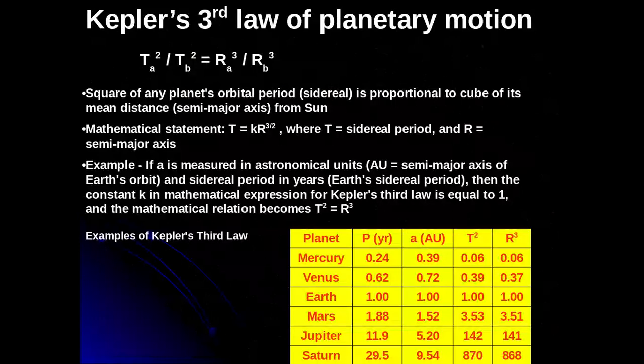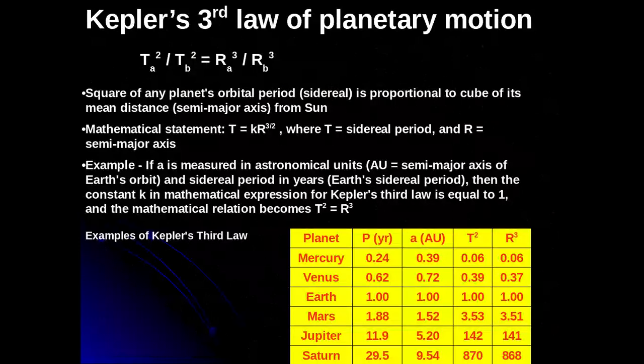So Kepler's third law of planetary motion involves some tricky mathematics. So I'm just going to read you a quick passage of what Kepler's mind thinks in terms of his math. Kepler says, the square of any planet's orbital period, which is the sidereal period, is proportional to the cube of its mean distance from the sun.